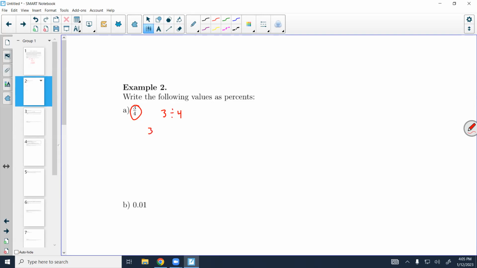So we have 3 divided by 4 times 100. 3 divided by 4 is 0.75 times 100, which is 75%. 3/4 of a dollar is 75 cents. 3/4 is 75%.